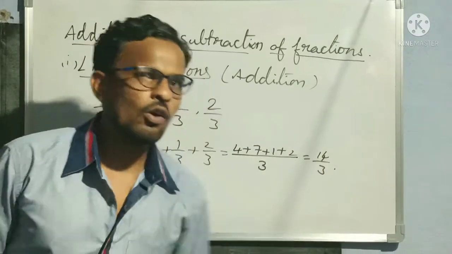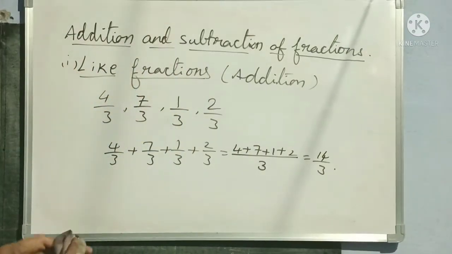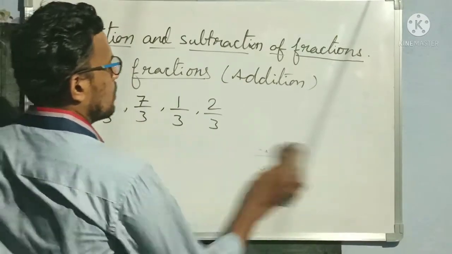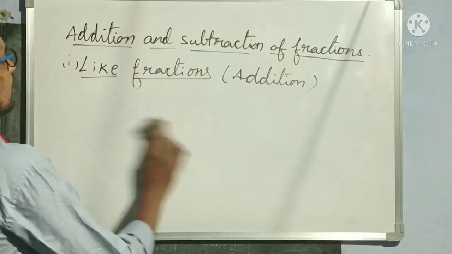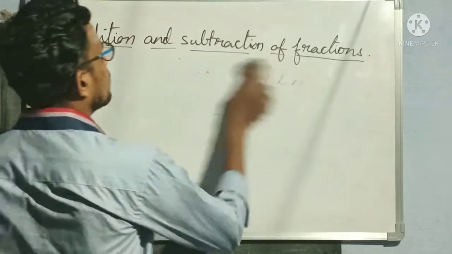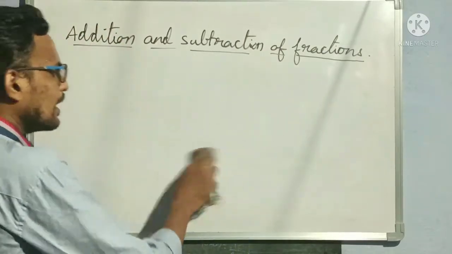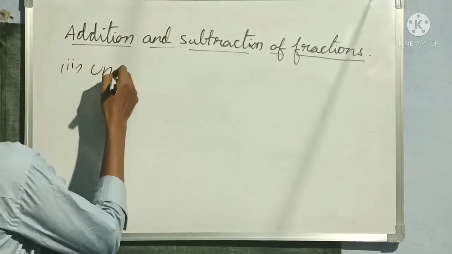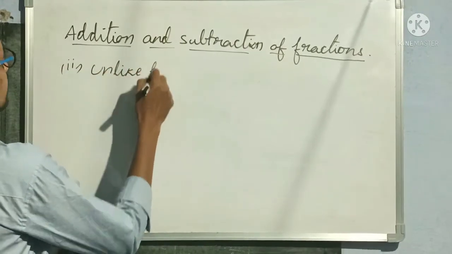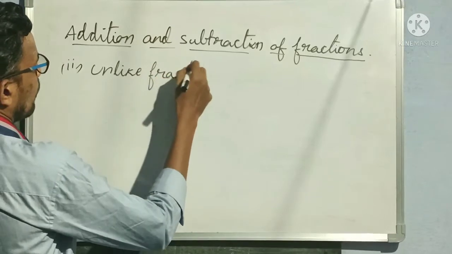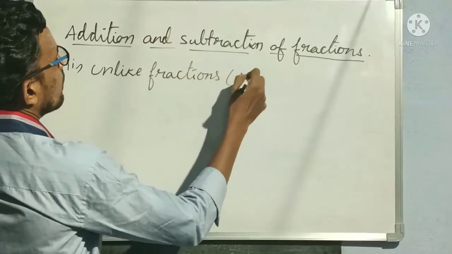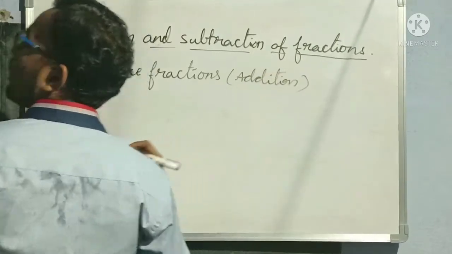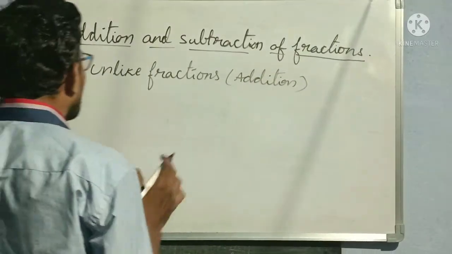Then how about addition of unlike fractions? I hope everybody understood how to add like fractions. So, what are unlike fractions?